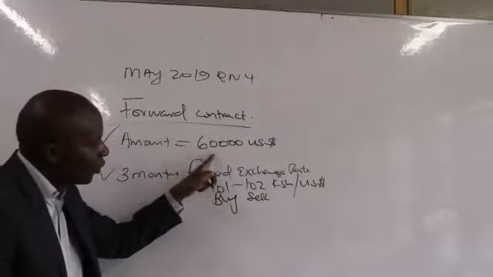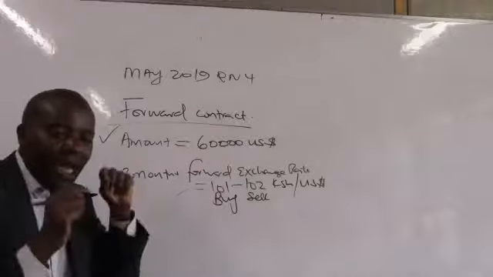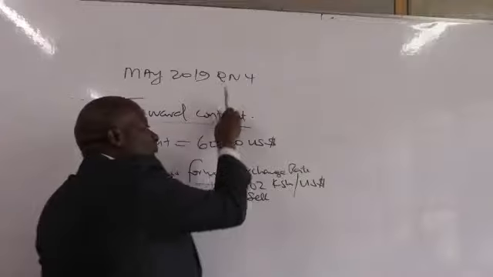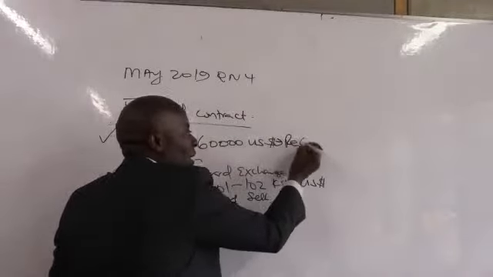This 60,000 US dollars is a receivable to Kadizenga Limited. They expect to receive this amount. So this is a receivable.